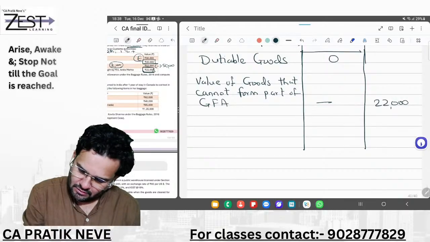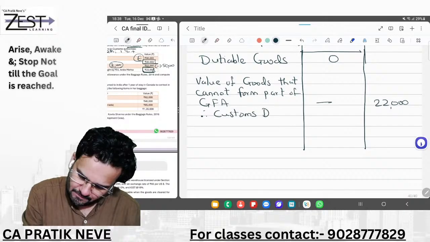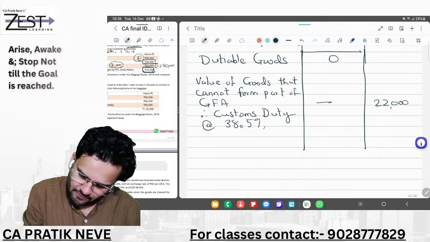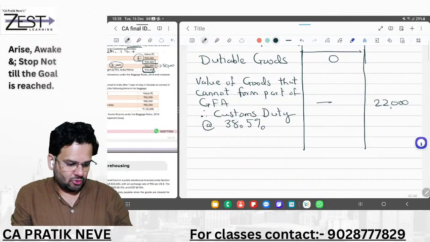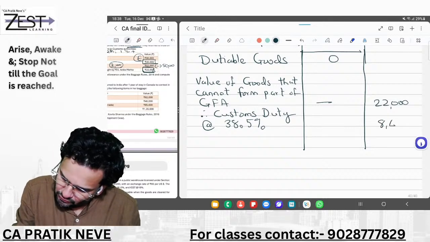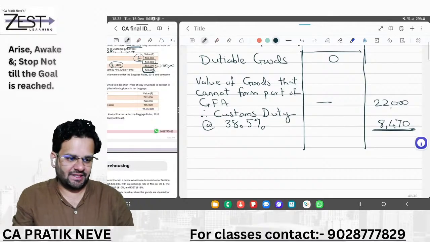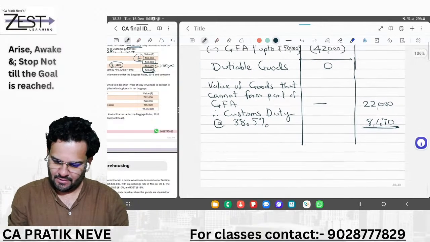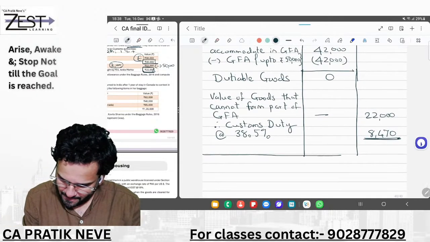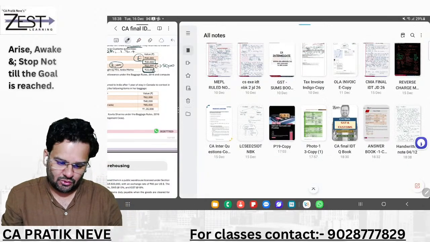So, therefore, customs duty at 38.5%. So, can you tell me what is 22,000 into 38.5%? 8470. Did you all understand this? Yes or no? So this way easily you could have done this question.